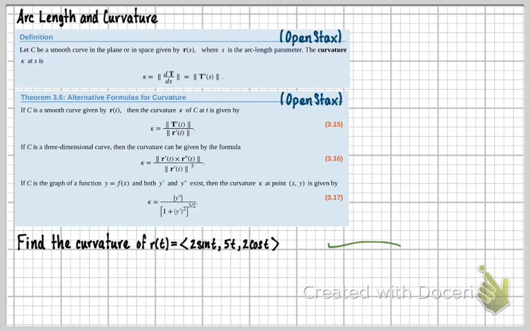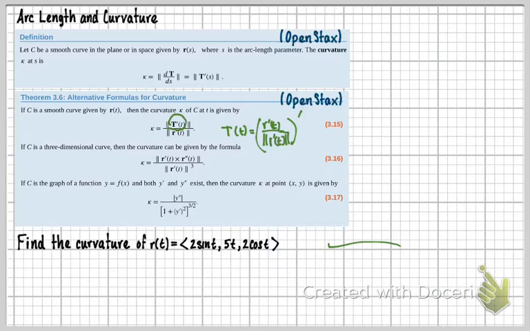If you forgot, T(t) is equal to r prime(t) over the magnitude of r prime(t). And that is just T. So I'd actually have to take the derivative of it, and now I have T prime(t).